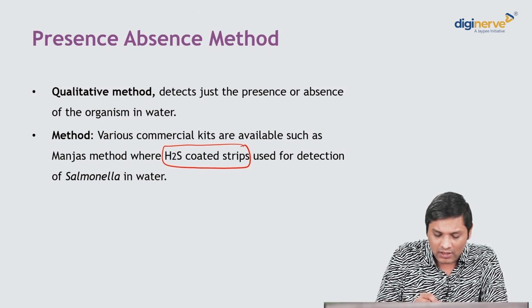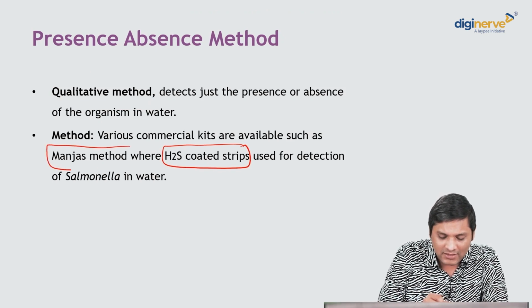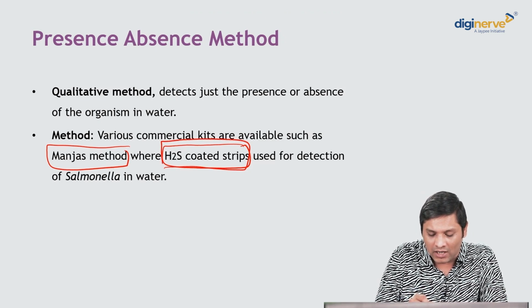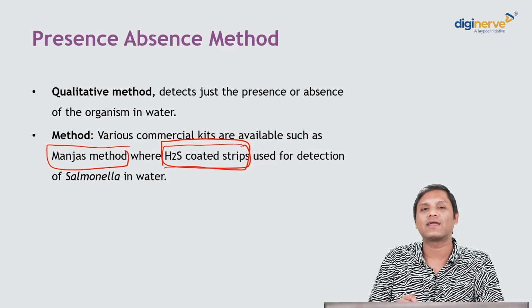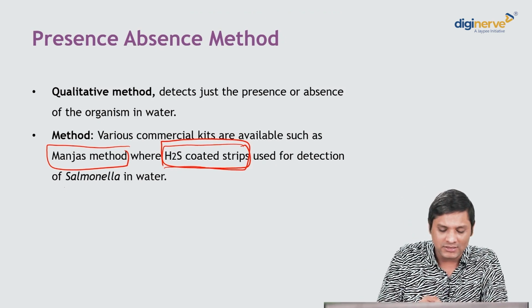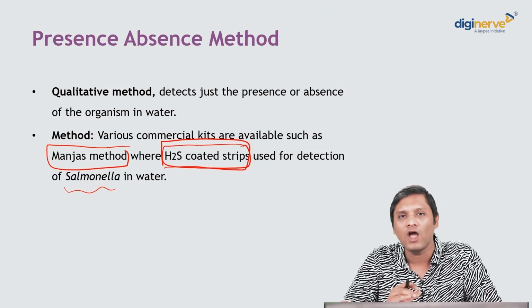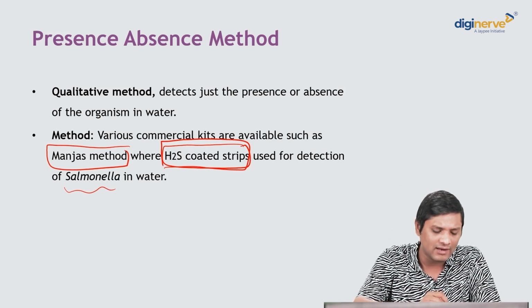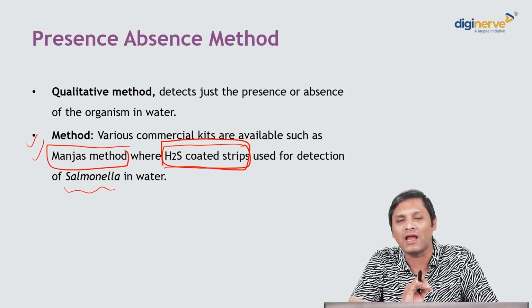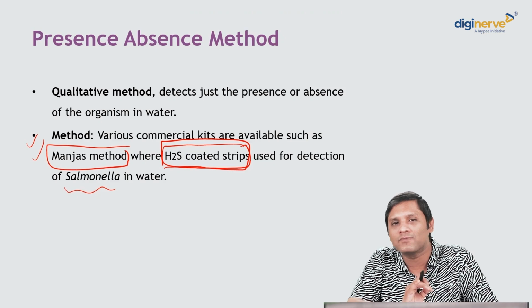The method is called Manja's method, where H2S coated strips are used, where it can detect that the H2S producing organisms such as salmonella are present in water or not. So it is not a very reliable method, because it will not say that it is salmonella. It will only say that H2S producing organisms are present in water supply or not. So this is the third method which can be used.